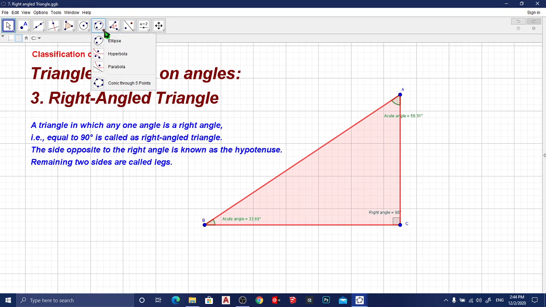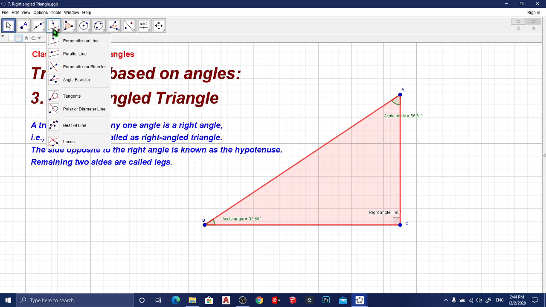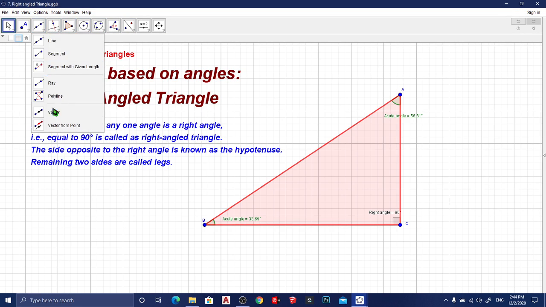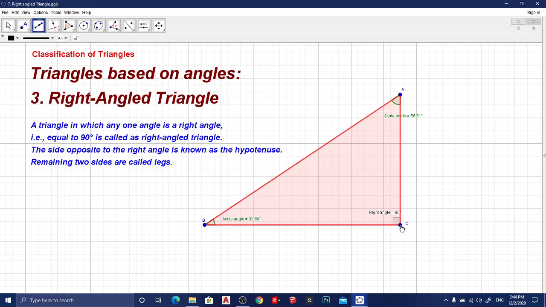Why it is opposite, I will show you here. Now if it is a right angle triangle, this arrow is showing the opposite side of this right angle. So this side is called the hypotenuse, because it is opposite to the right angle.